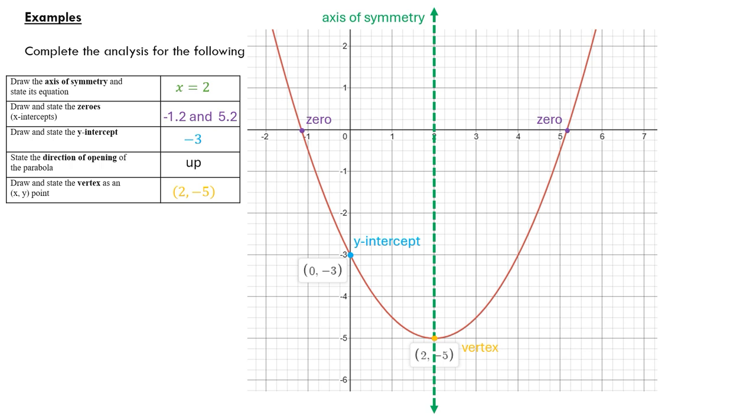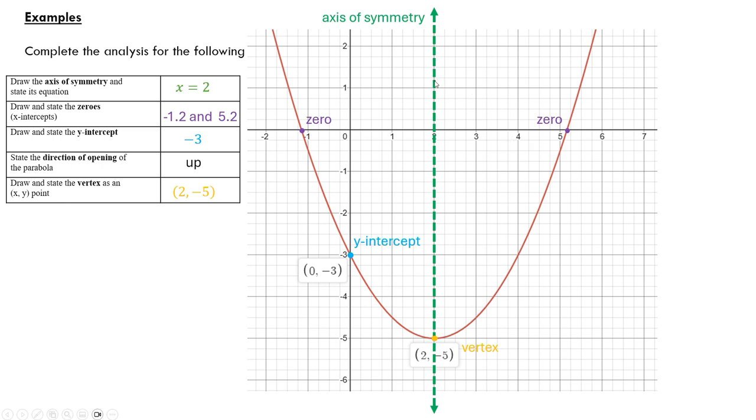So here we have a graph, and we're asked to fill in this chart. First thing we're asked to do is to draw the axis of symmetry and state its equation.